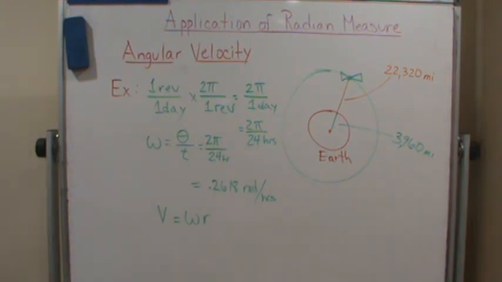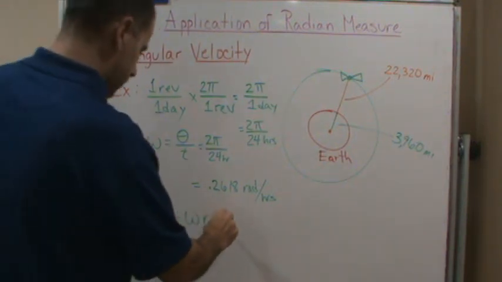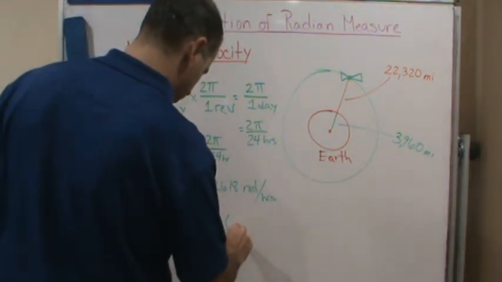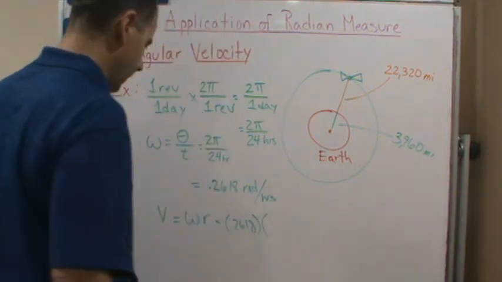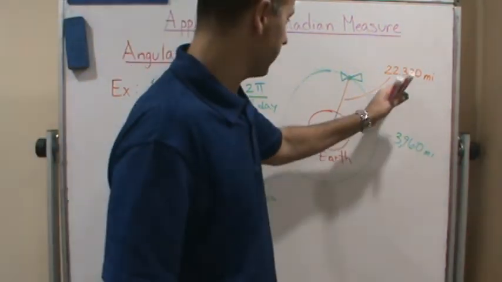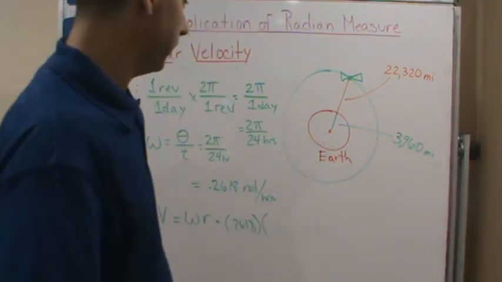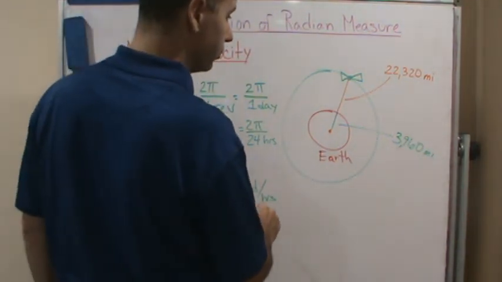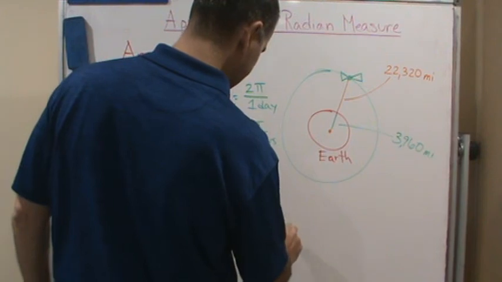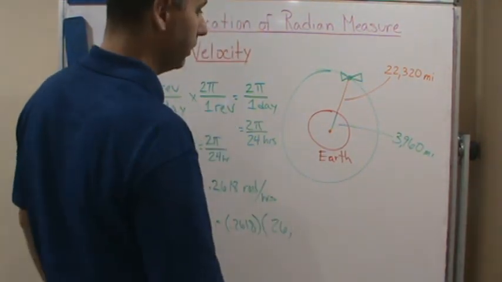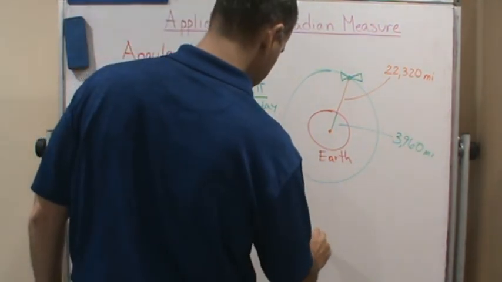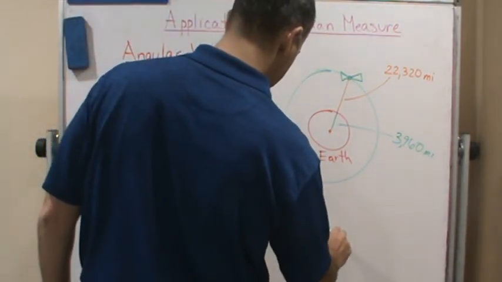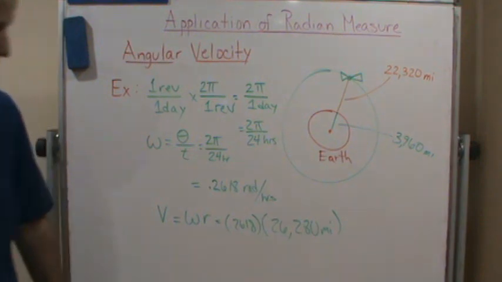Of course omega is equal to 0.2618, and the radius is given to us as this plus this, which is going to be 26,280 miles.